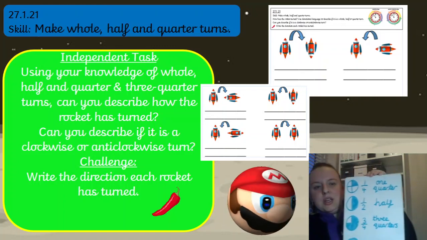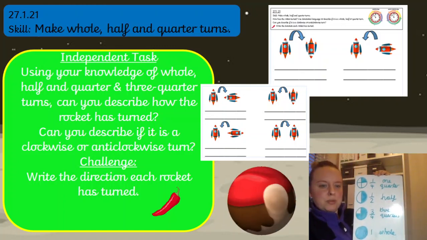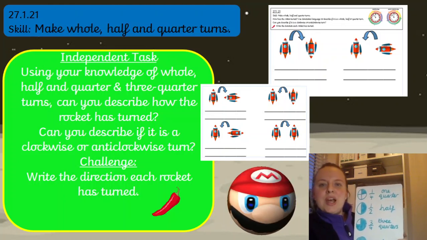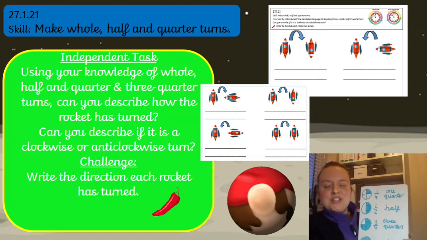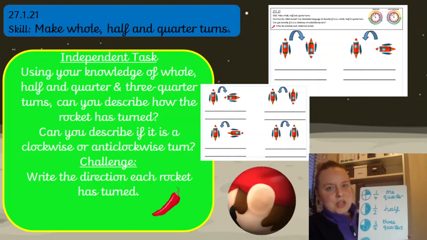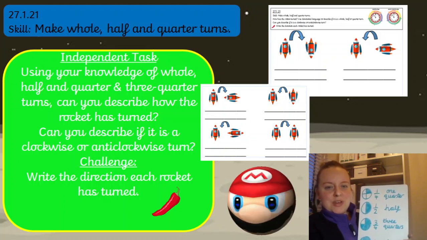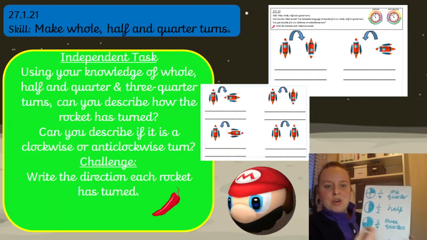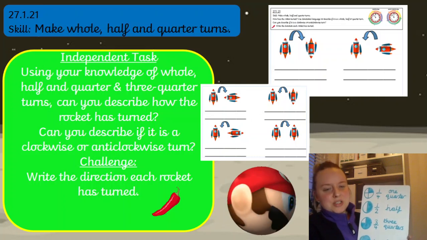Okay, so I've written this on here to help you. You can either have a look on the screen and just talk about it to your adult, talk about the turns, that would be fantastic. Or if you're feeling super clever, you could even write underneath, write the direction that each rocket has turned.